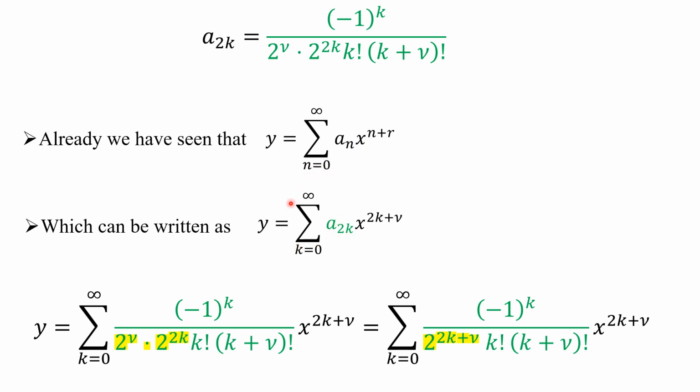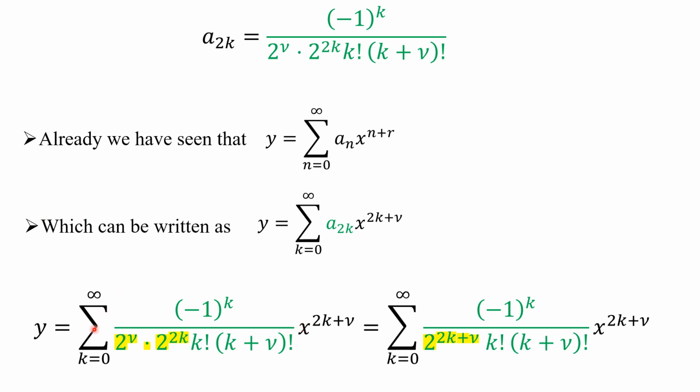So now I have changed the running index n to k, k equal to 0 to infinity, a2k x power, where n I replaced as 2k, 2k plus nu. Now you substitute a2k here. a2k is this one, which I am substituting in this summation.